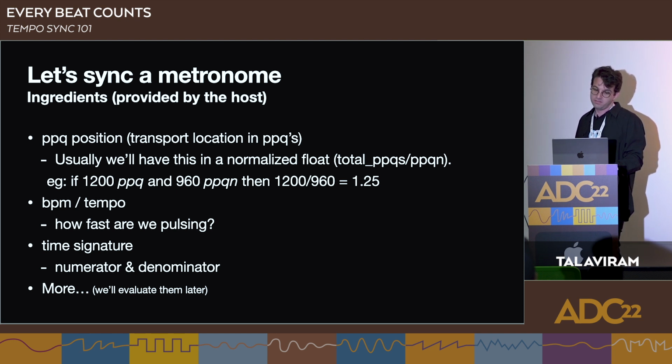The other thing we have, of course, is the tempo, which helps us understand how fast we are going, and the time signature. There are 3 quarters, 4 quarters, 6/8, and more, and we'll evaluate and understand why we need them later.